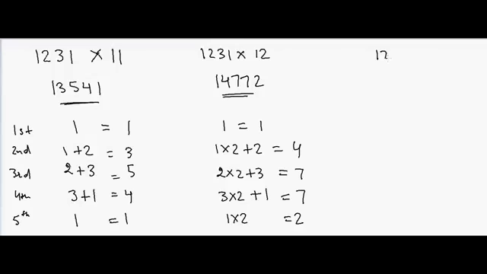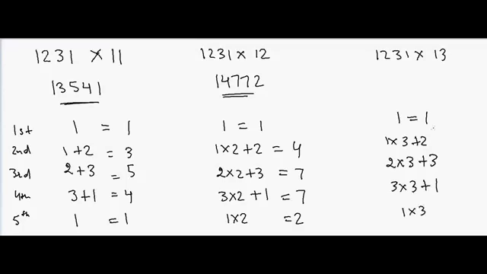Again, if I have to multiply by 13, then the answer will be equal to 1, 1 into 3 plus 2, 2 into 3 plus 3, 3 into 3 plus 1, and 1 into 3. So that will give me 3 plus 2 is equal to 5. 3 into 2 is 6 plus 3 is 9, and 3 into 3 is 9 plus 1 is 10.